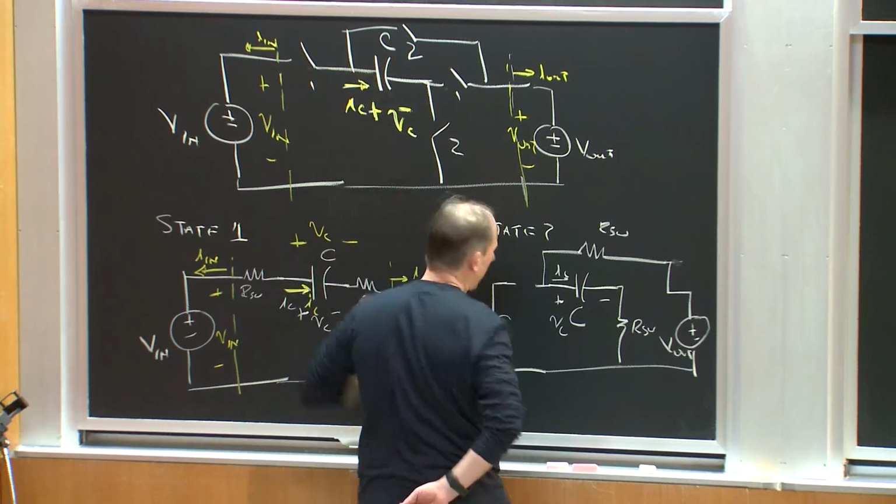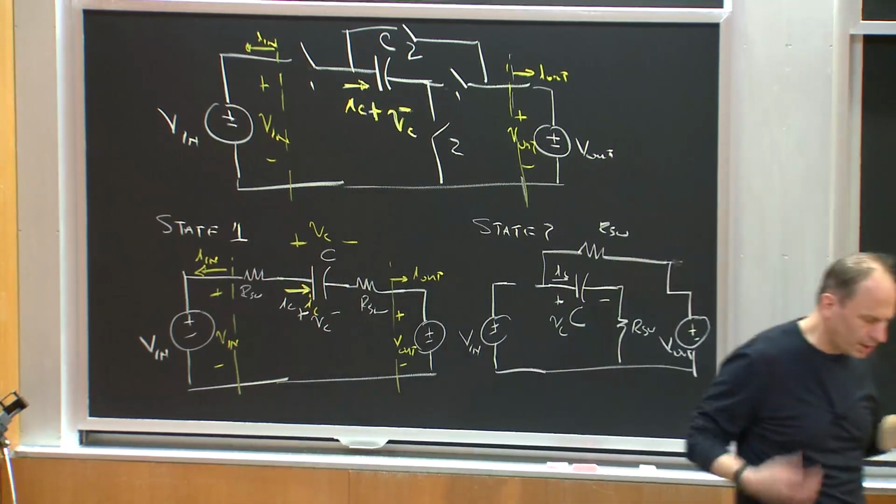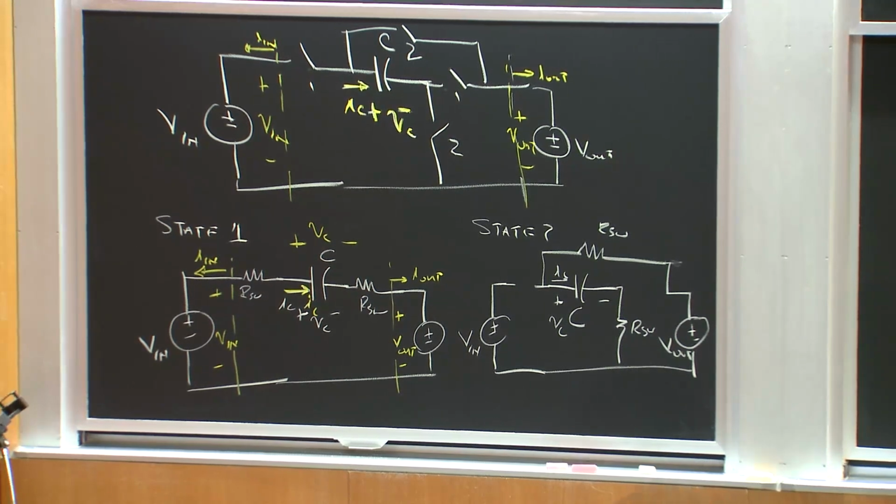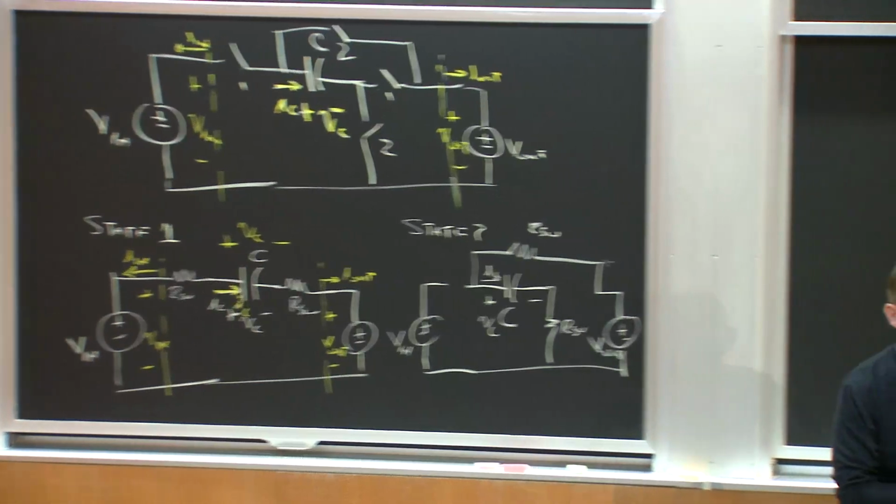Okay? And what I would like to do is track the charge flowing through this converter, okay, which is going to let me sort of understand what its conversion ratio is. And analyzing any switch capacitor converter more or less comes down to the process I'm following.